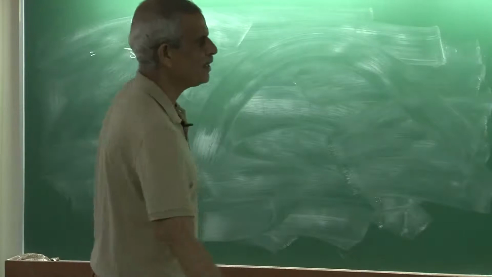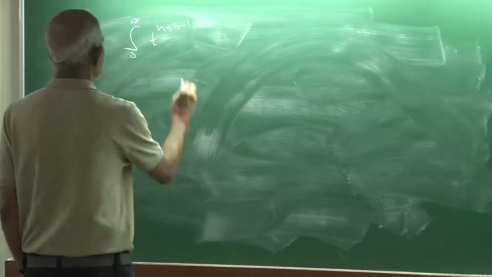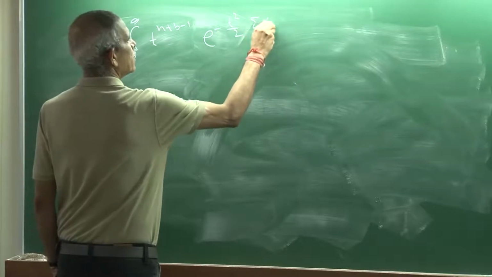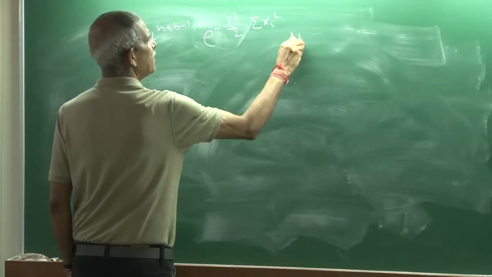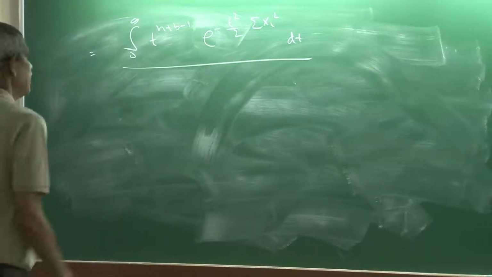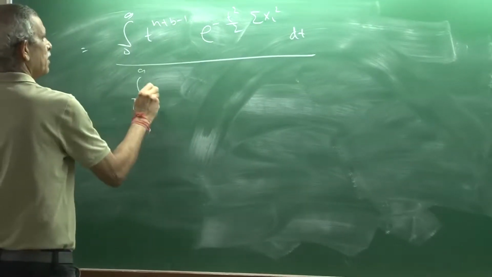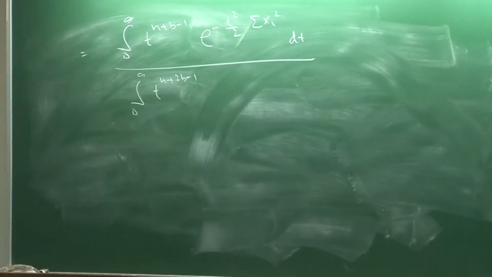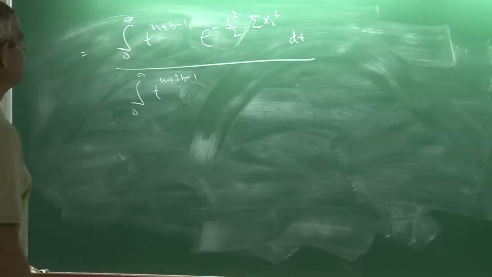e to the power minus t square by 2 summation xi square dt, divided by the integral from 0 to infinity of t to the power n plus twice b minus 1 e to the power minus t square by 2.